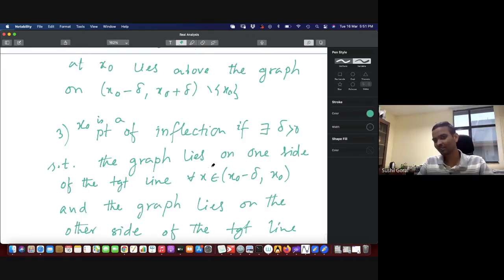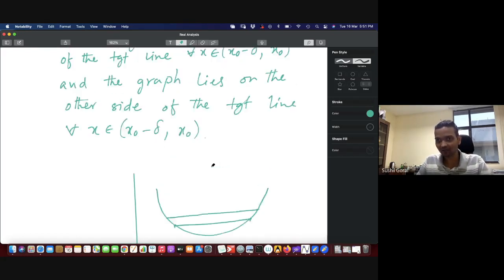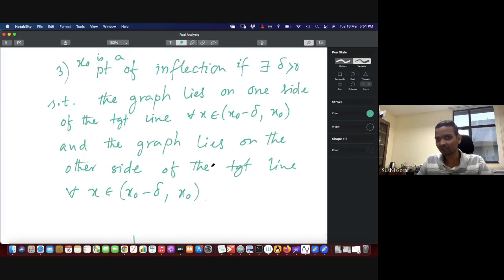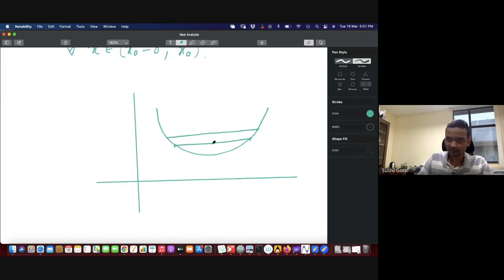Perhaps you have seen this in some calculus course, but this is actually what the second derivative determines. So this picture is the graph of f. If this is the picture, take 2 points and the line joining them lies above the graph.